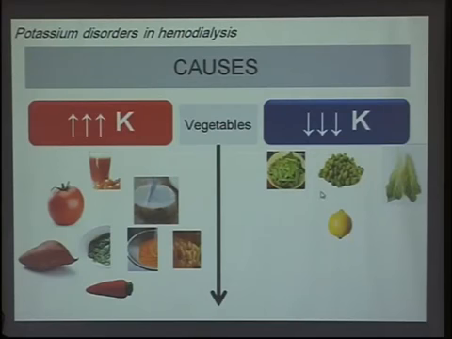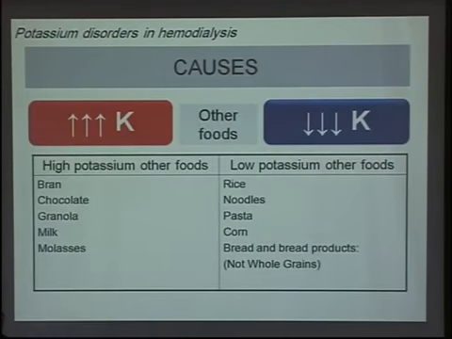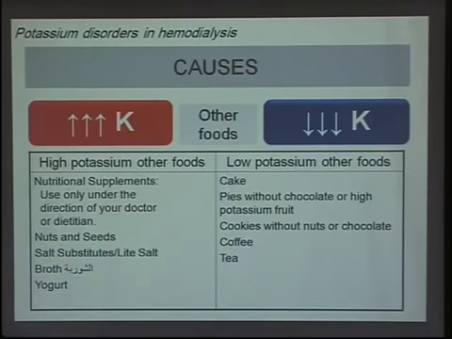Fresh vegetables also contain potassium, but less than dried vegetables. Rice, noodles, and pasta contain a little bit lower potassium level compared to chocolate and milk. Cakes, pies without chocolate, and a little amount of coffee or tea contain a little bit low potassium compared to nuts and broth and yogurt.